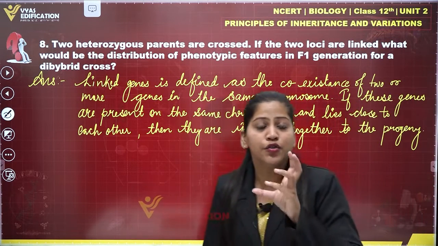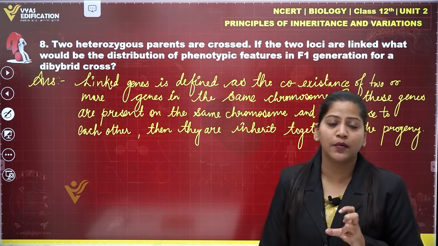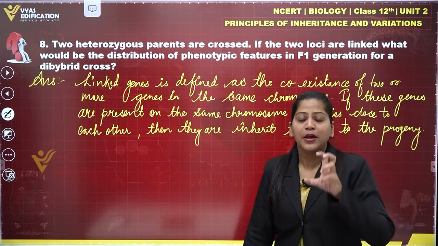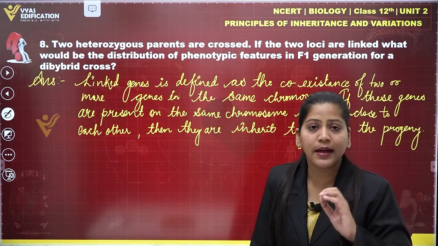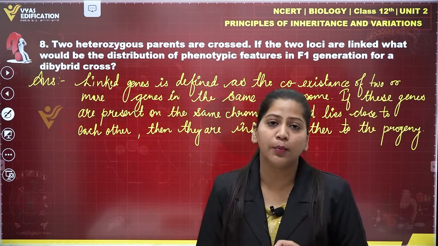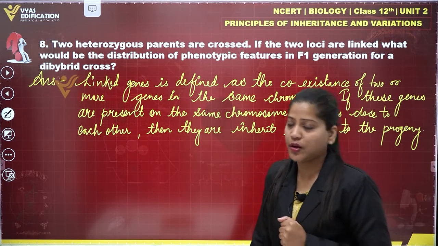They are lying closely together on the same chromosome. So when the genes are linked, they are inherited together into the progeny or into the next generation.